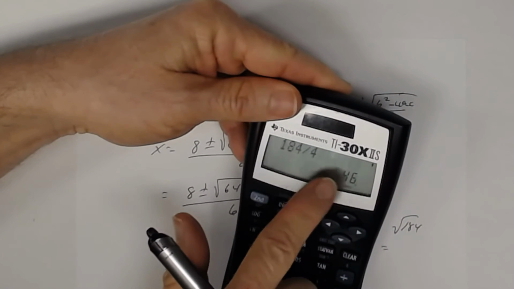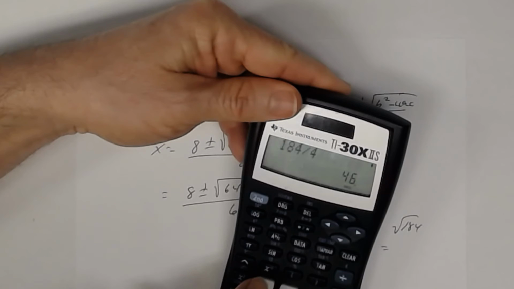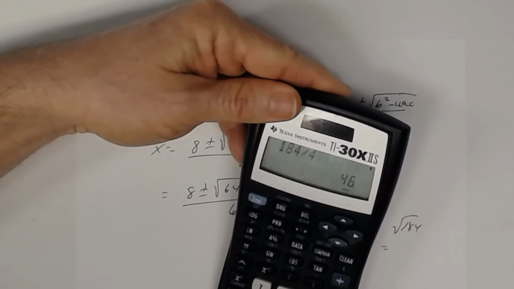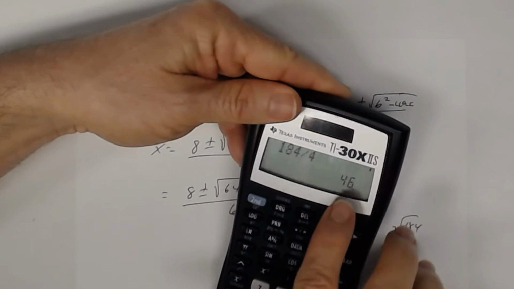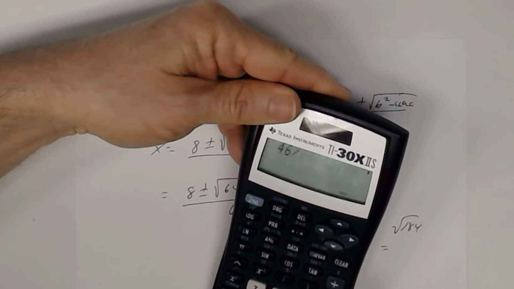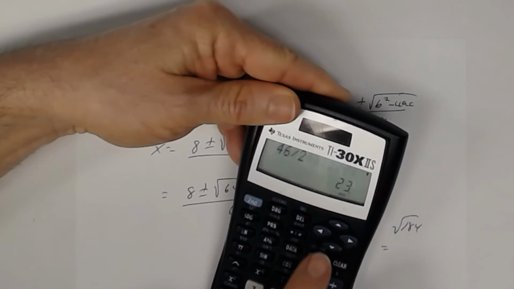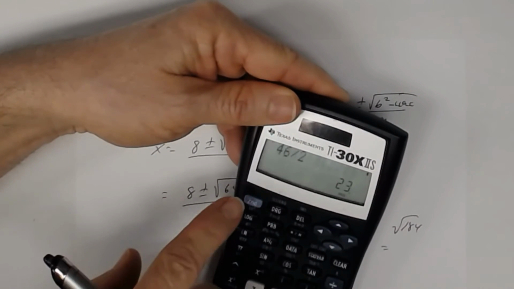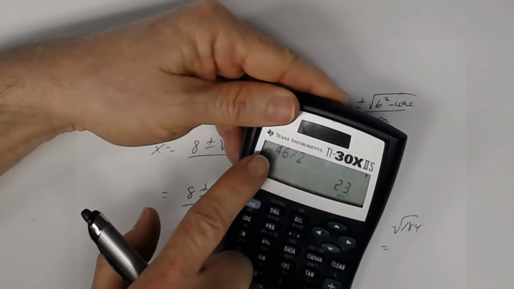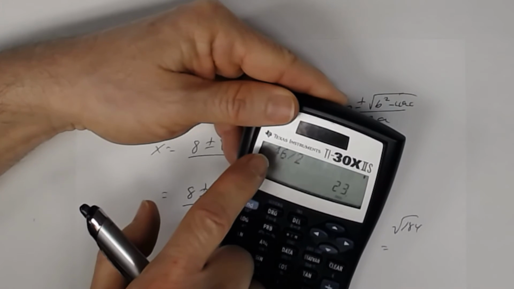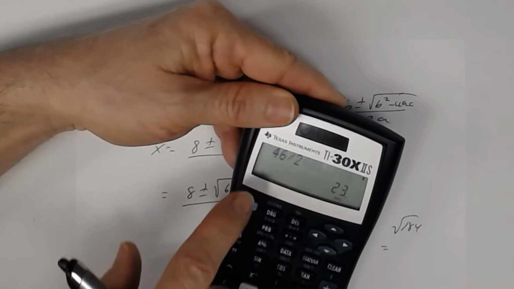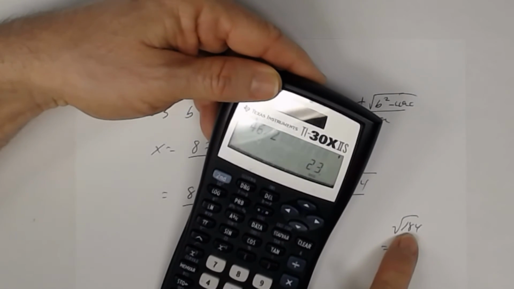Now, is there a perfect square other than 1 that goes into 46? Let me just divide. Although 2 is not a perfect square, let's see what we get when we divide by 2. So notice that 2 and 23 are both prime. So the only perfect square that goes into 46 is 1. So what I found earlier about 4 being the largest is the largest.